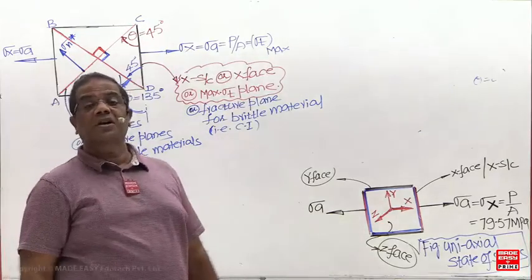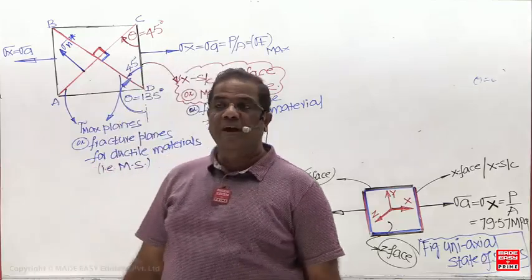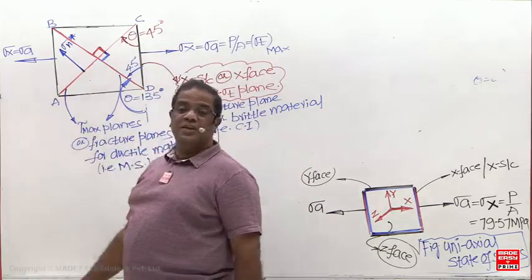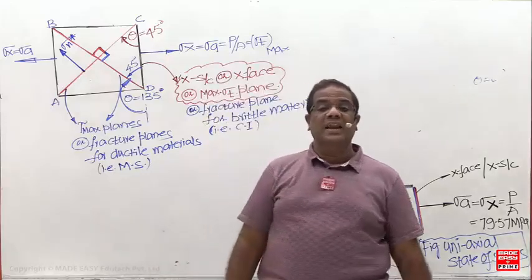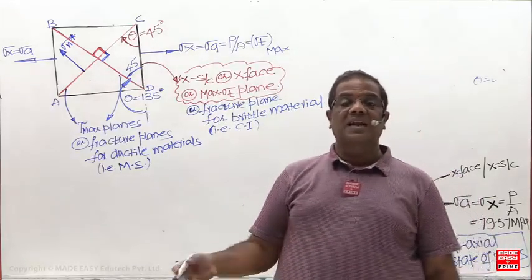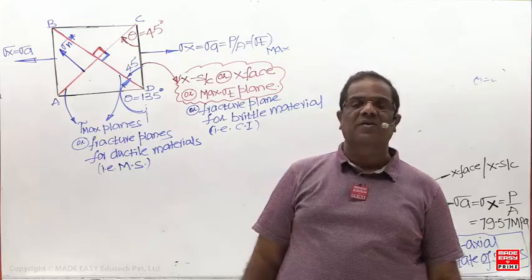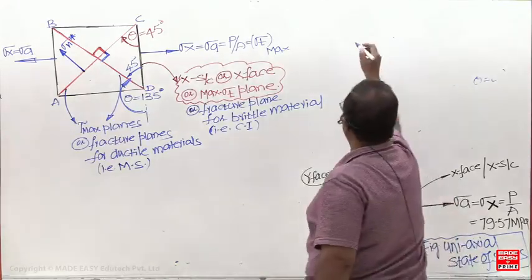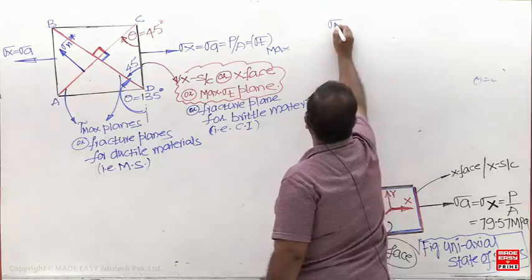Now, normal stress on the tau max plane. How to find out the normal stress on this plane? The normal stress at an angle of theta equals sigma cos square theta. With that equation you can find out the normal stress on any plane.